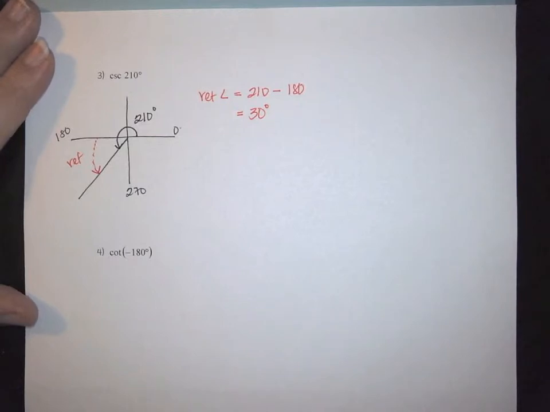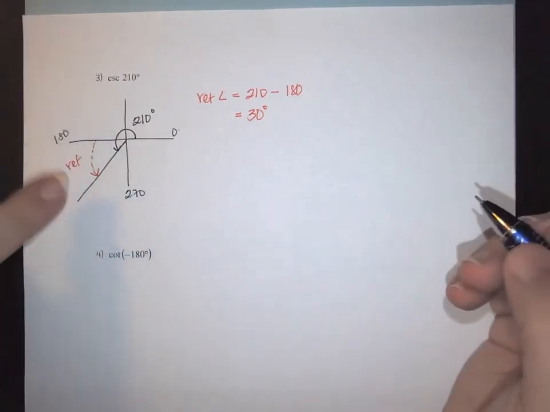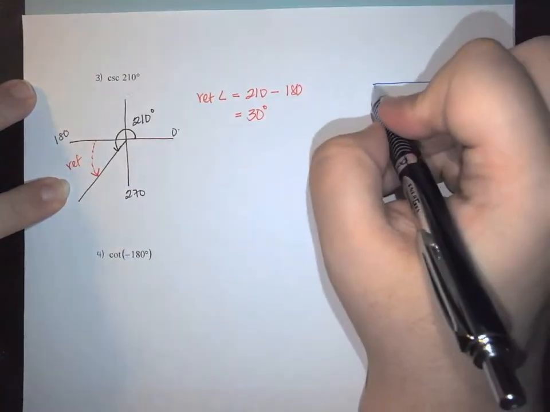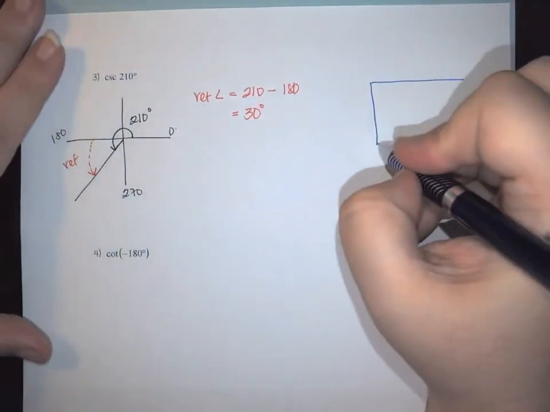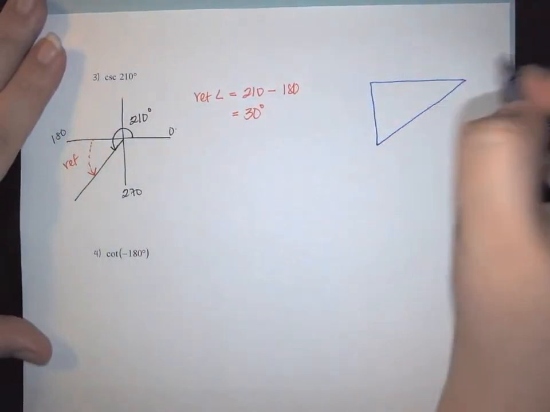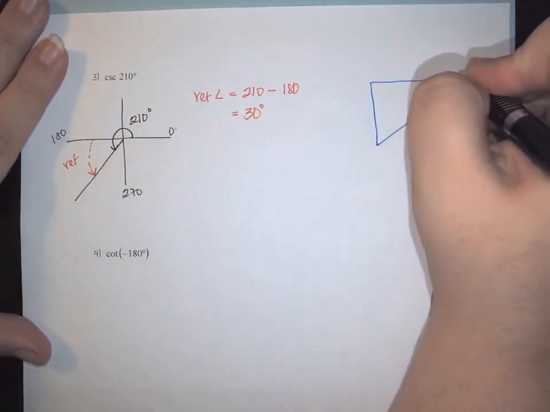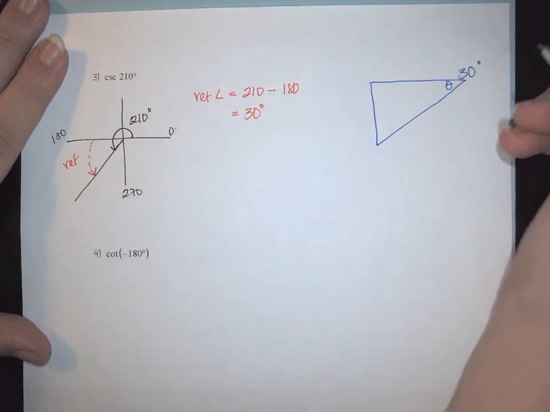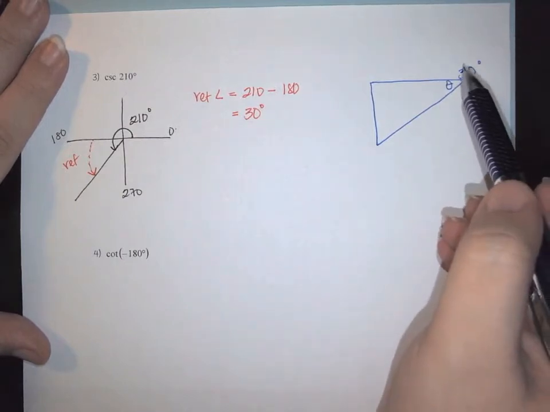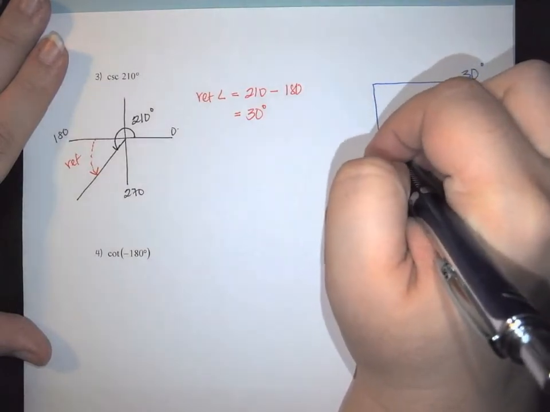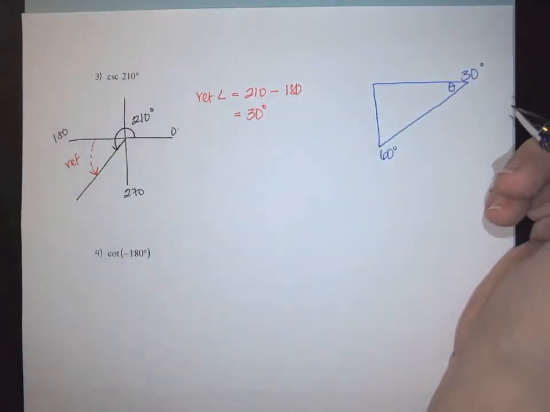which means we have, again, another special triangle. So in this case, here would be my triangle. So again, just like before, I draw it kind of like how mine looks with the reference. And I do that just to keep my bearings. So I know that this is going to be my theta, and I've already said that this was 30 degrees. Because that's 30, that means this is a 30, 60, 90, so that automatically means that down here is the 60 degrees.